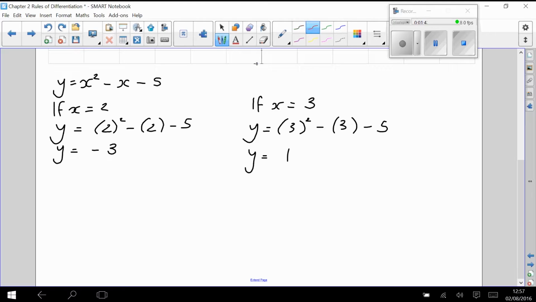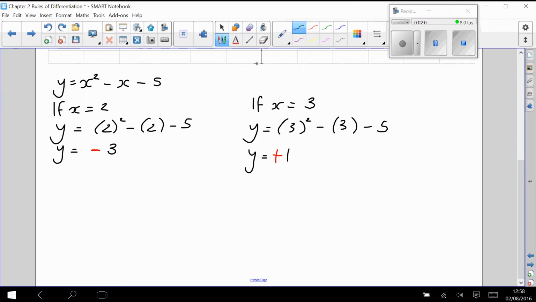In my first answer, I had a negative y value. In my second answer, I had a positive y value. If my y value changes from negative to positive, I must have crossed my x-axis. So I can assume that I've got an x-intercept somewhere between when x is 2 and when x is 3.